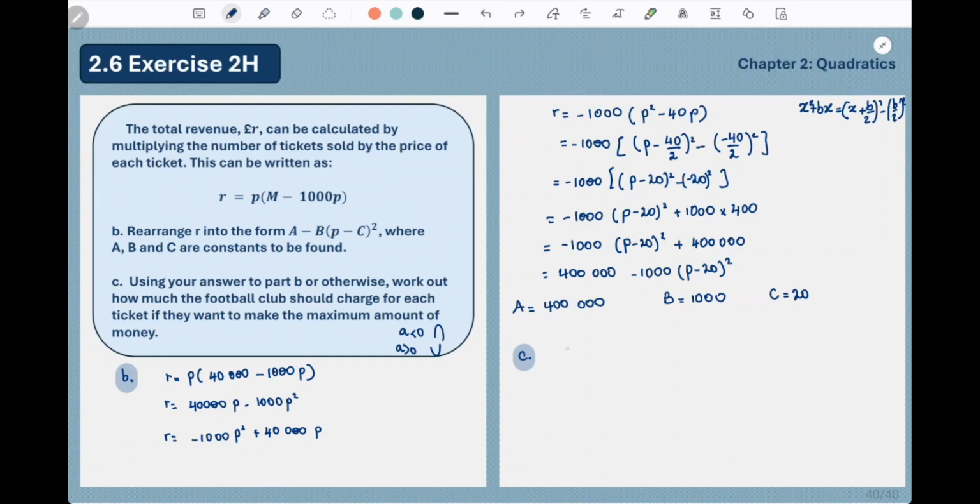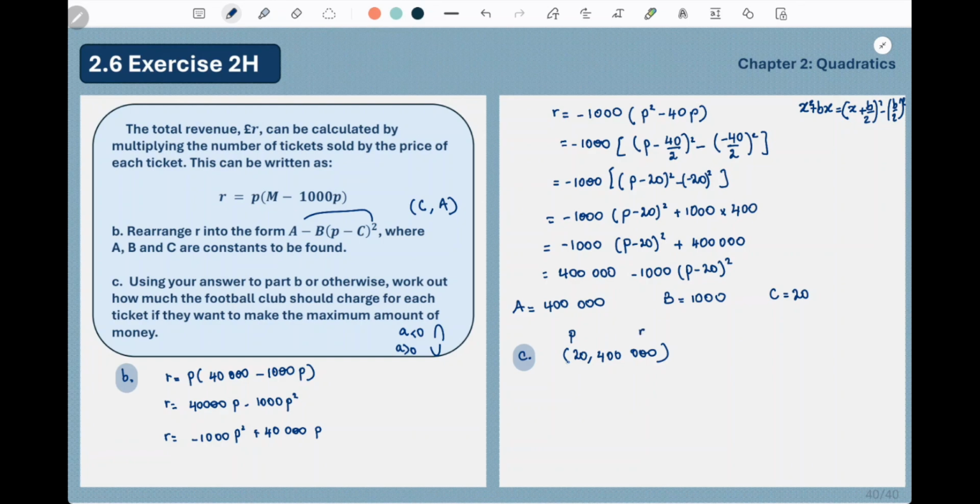So let me give you a general form. So for C and A, that's gonna be my maximum. In this case, C is 20 and A is 400,000. Speaking in coordinate form, this is P and this is R.